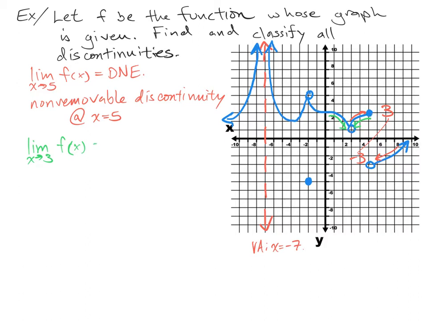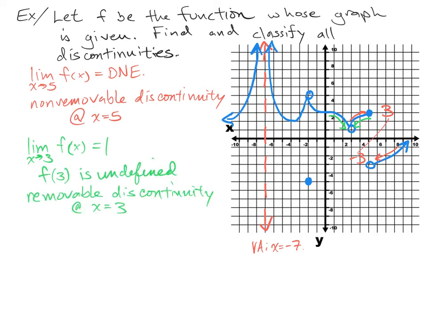So the limit here does equal 1. So we put a number to that limit. But there's a hole in this graph. And what we say here is that f of c, in this case f of 3, is undefined. So that means there is a removable discontinuity at x equals 3.